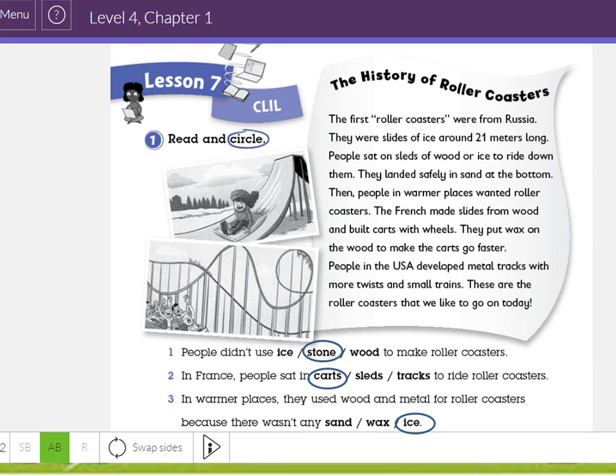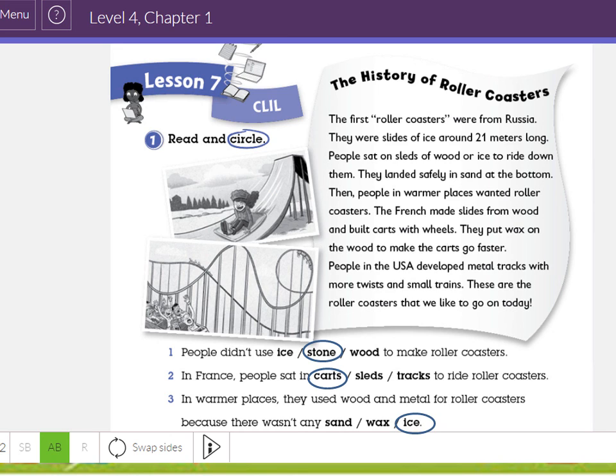Okay, let's start from number one. You have to circle the right answer. Number one, people didn't use ice, stone, or wood to make roller coasters. So the answer is: people didn't use stone to make roller coasters.